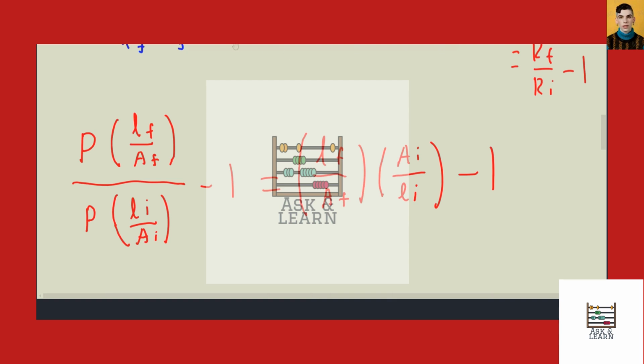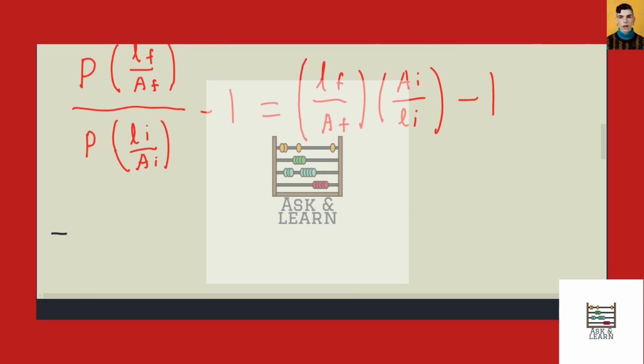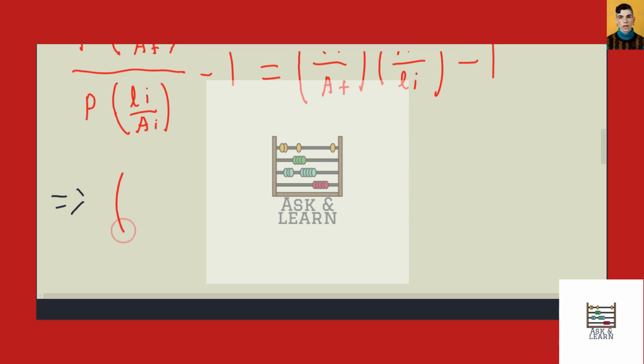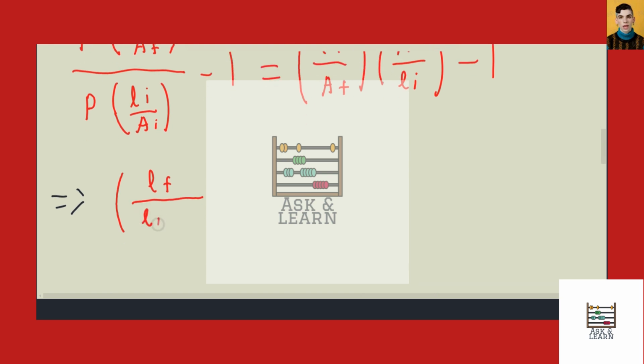So now we're going to substitute in an expression for A of F using what we know. So now this becomes L of F divided by L of I times A of F divided by L of F, and then times A of I divided by L of I, all minus 1.